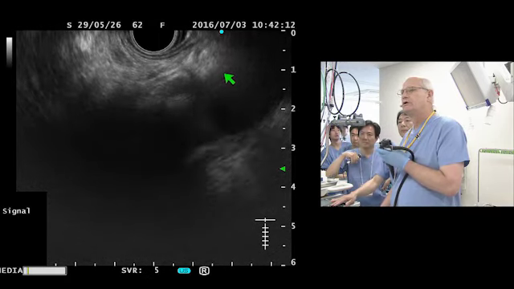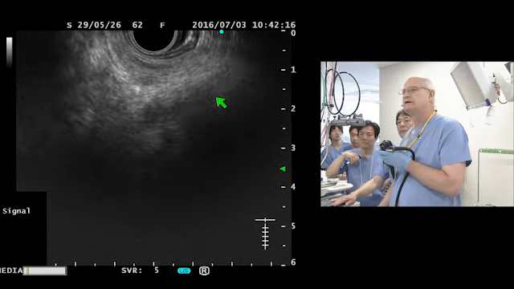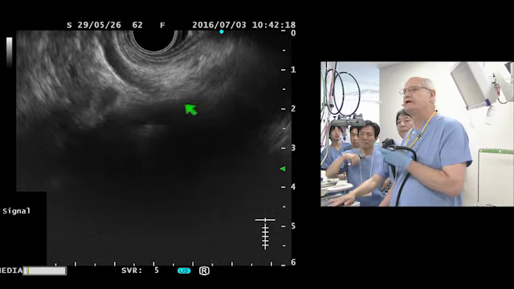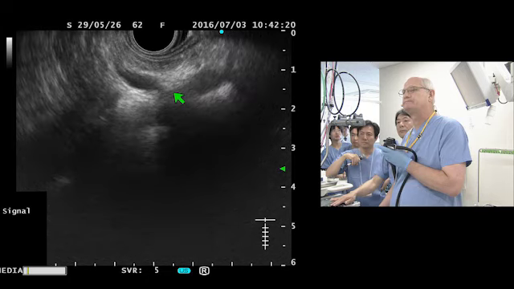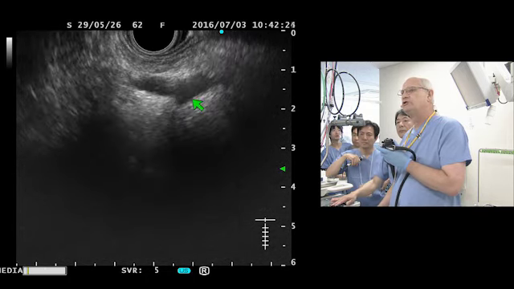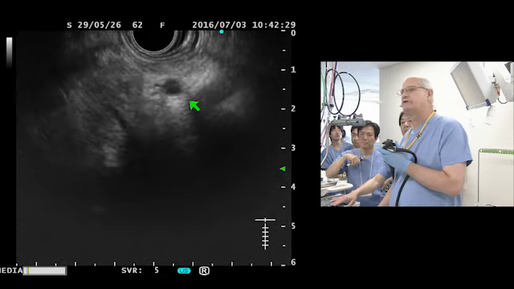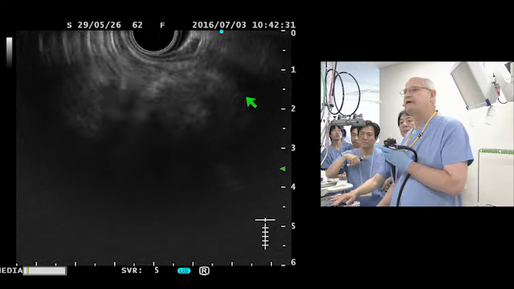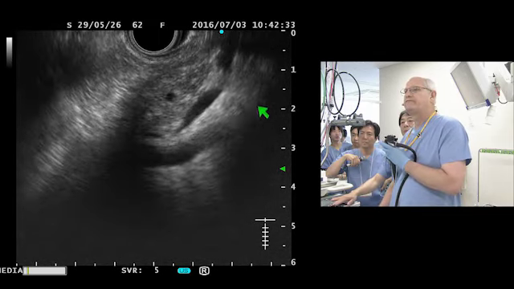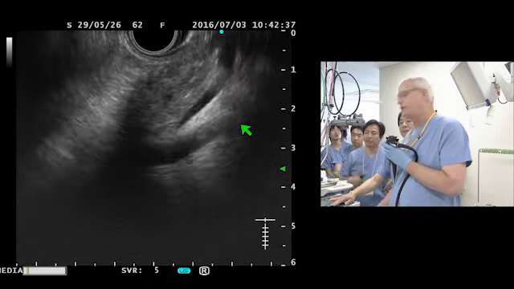You should follow it until it bifurcates. And you can very easily see the bifurcation. So once you get to the bifurcation, you should go down on the up-down, so big wheel away from you just a little bit, and advance the scope. And from this point, you will almost always encounter the pancreas.